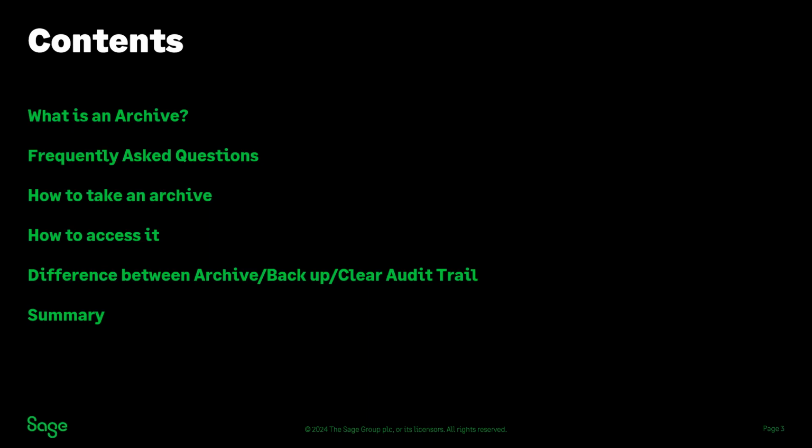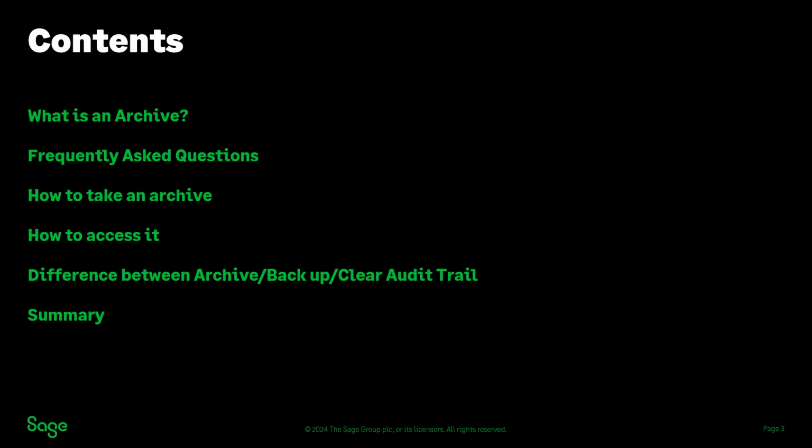Okay, so this is what we're going to be covering on today's session. We're going to be looking at what is a company archive. We've created this topic based on the amount of questions we've gotten on other sessions. The company archive is one step of a bigger process if you are looking to clear out your data.